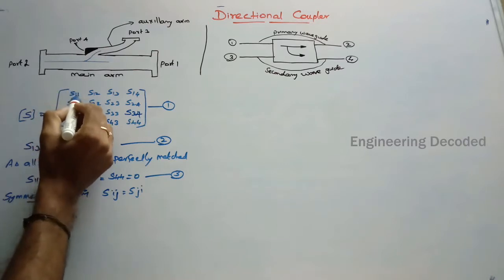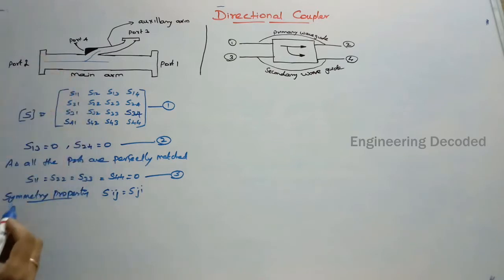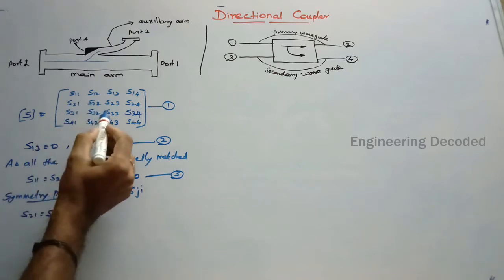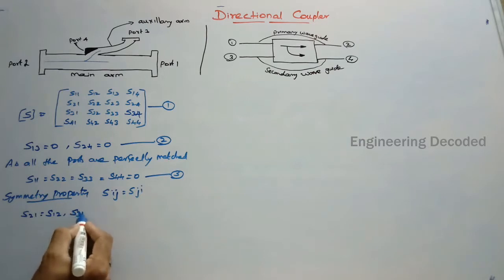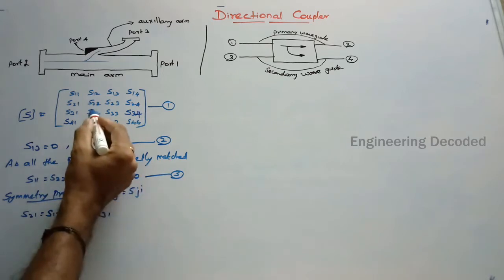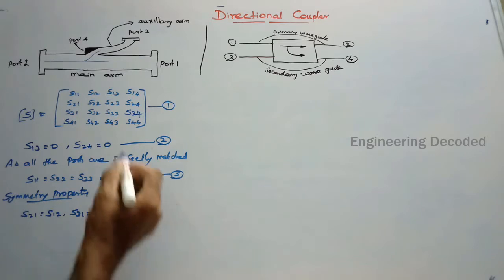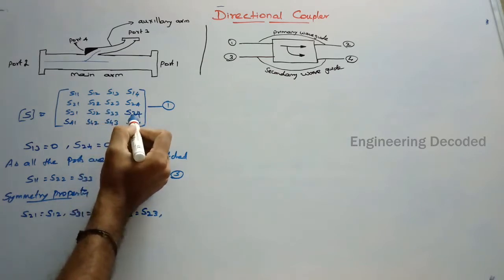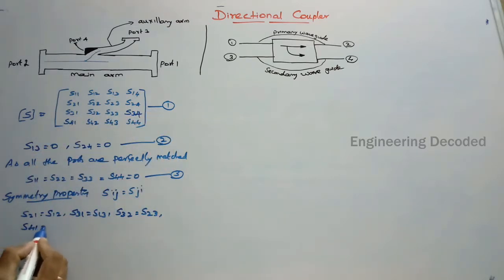So S11 we can leave it, S12, S13, S14, S21 is nothing but S12, S22 we can leave it, S23, S24 we can leave it, S31 is nothing but S13, then S32 is nothing but S23, then S33 we can leave it, S34 we can leave it, S41 is nothing but S14.